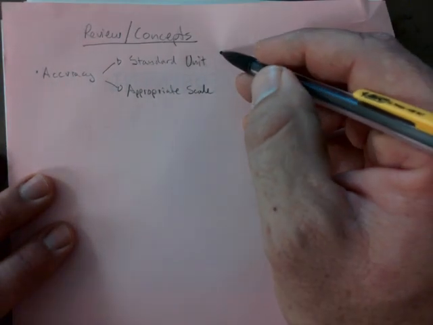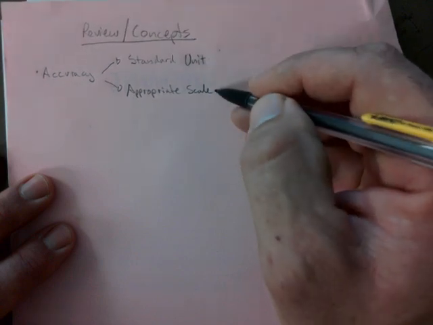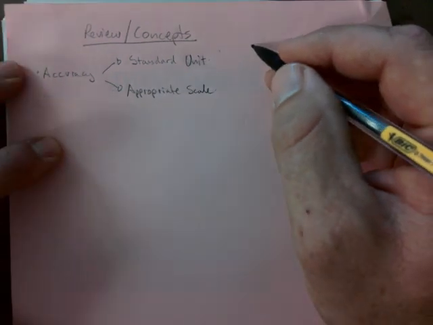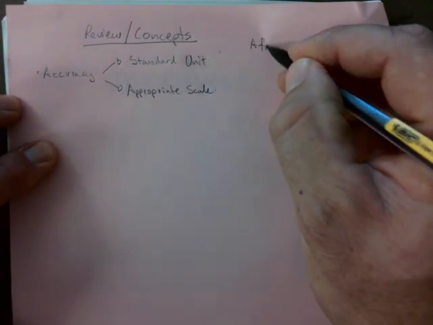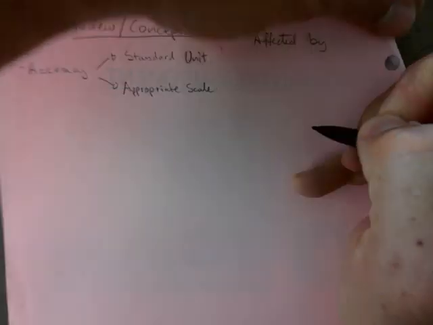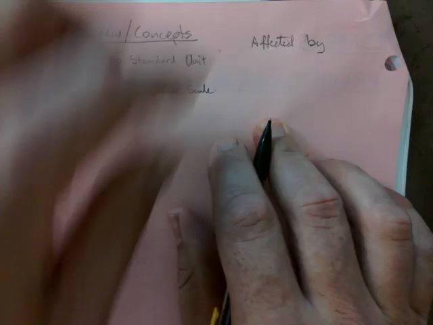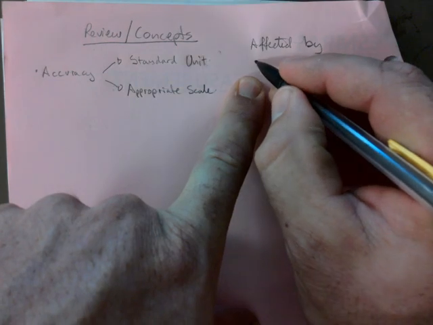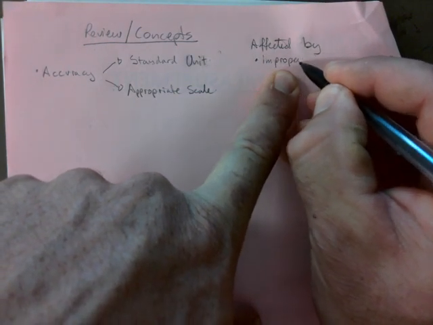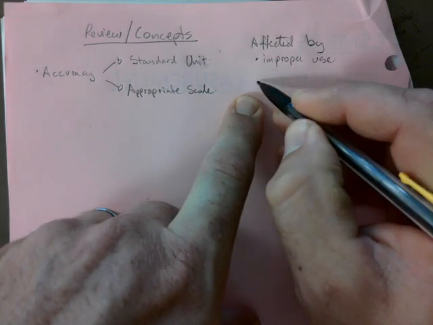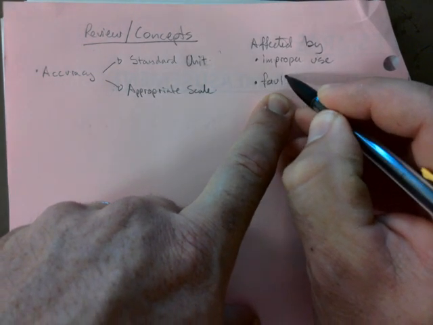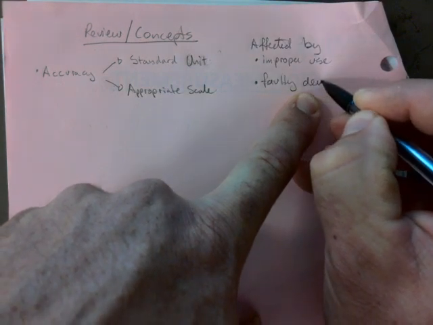What else can affect it? Let's say these two things are happening and your measurement is still off. It can be affected by improper use or faulty device.